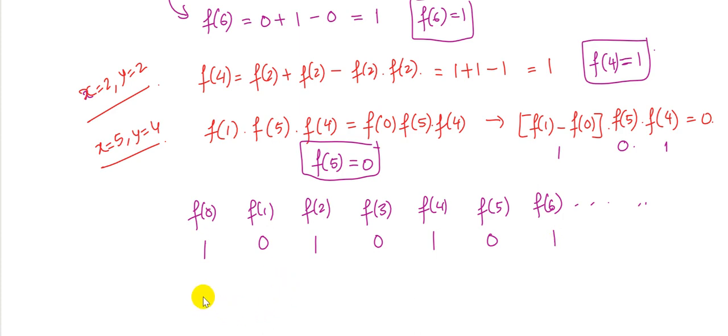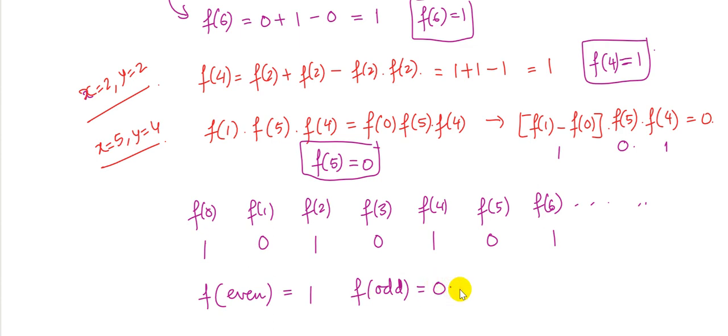So that means f of any even number will be equal to 1 and f of any odd number will be equal to 0.